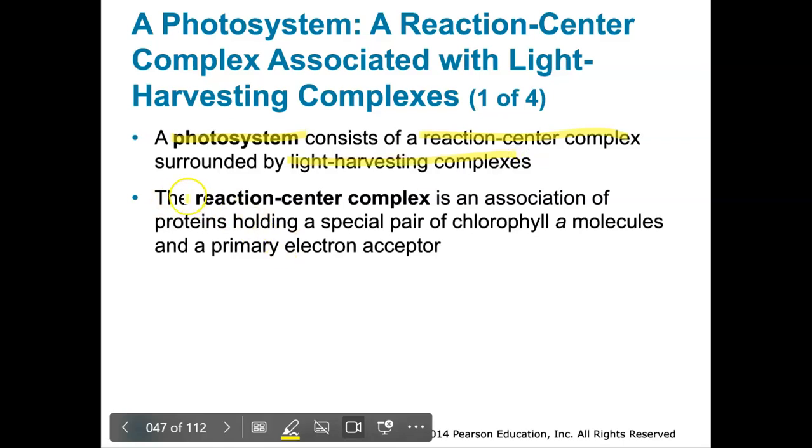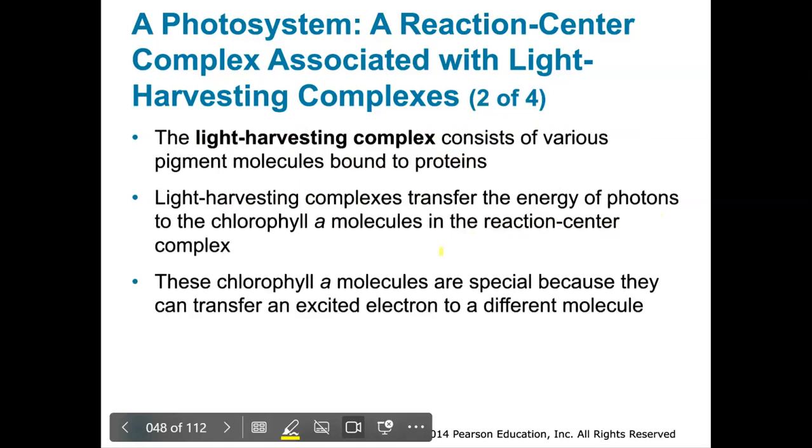And the reaction center complex is basically going to have the chlorophyll A molecules that are called the reaction center chlorophyll A molecules, and then a molecule called the primary electron acceptor. And then the light harvesting complexes are going to contain pigments, including chlorophyll A, but it can be chlorophyll B and carotenoids also.